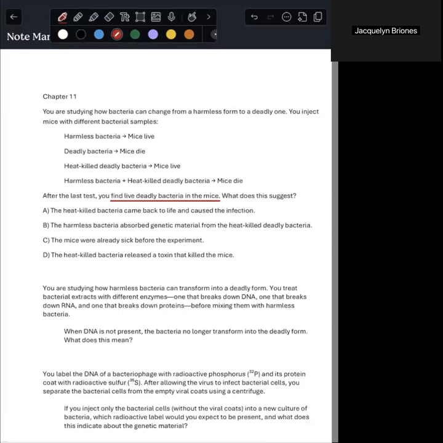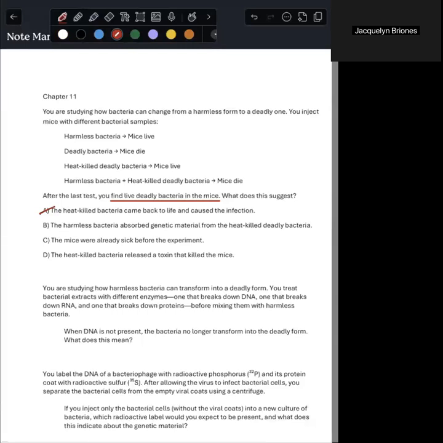So what does this suggest? Let's go through our answer choices. The heat killed bacteria came back to life and caused an infection. That's wrong. If it's dead, it's dead. The harmless bacteria absorb genetic material from the heat killed bacteria. Okay, maybe.